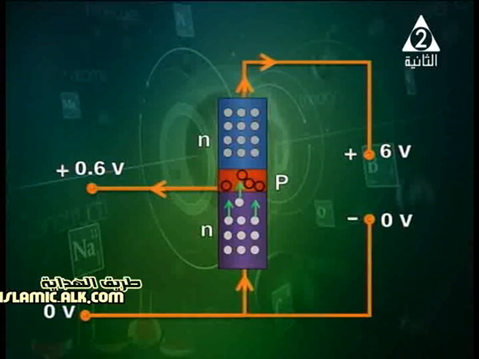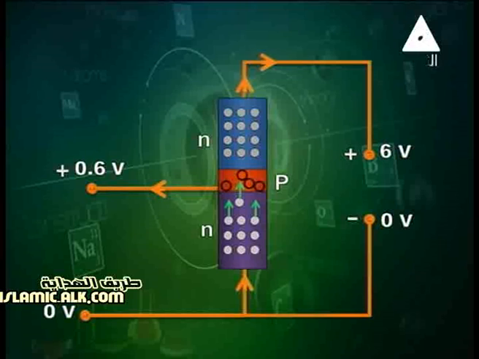So the base, in the NPN type, should be connected to a positive potential of at least 0.6 or 0.7 volt. In this case, electrons will flow from the emitter to the collector.